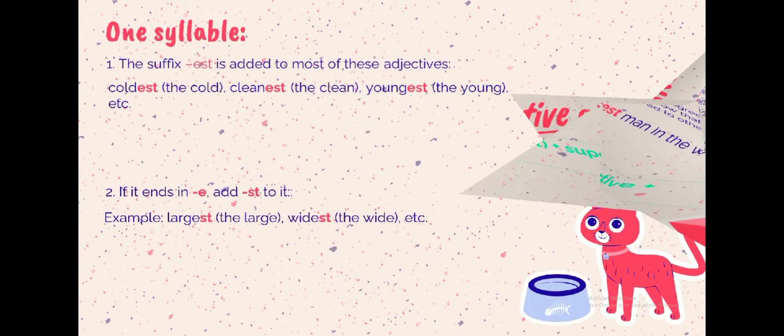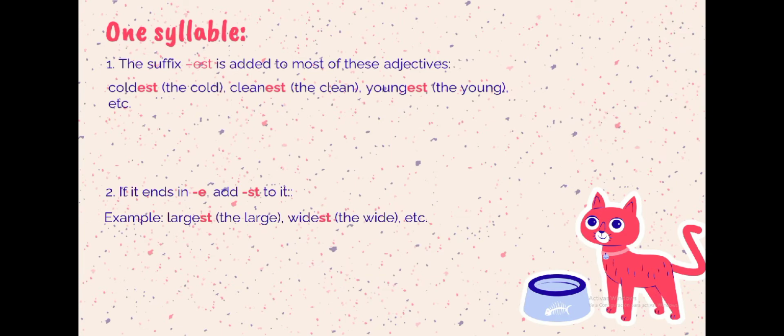One syllable. The suffix est is added to most of these adjectives. Example, coldest, the cold; cleanest, the clean; youngest, the young, etc. Examples: I am the youngest in the family. Example 2, he has the coldest hands. If it ends in E, st is added.